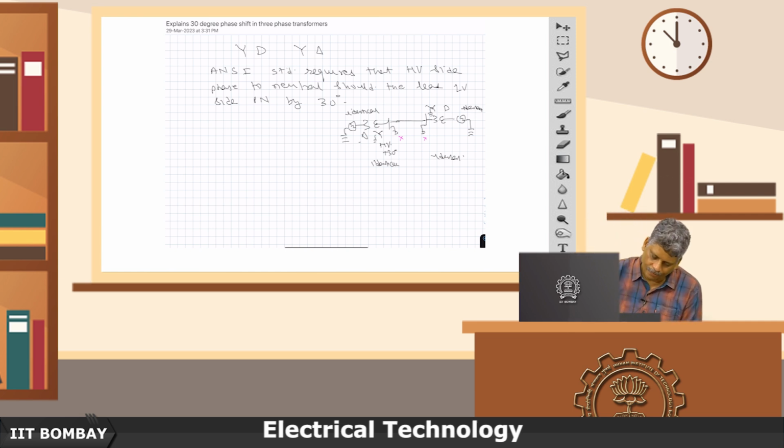Hence this standardization basically takes care of these facts. Take for example the transmission system in India, spread all over the country, we have one AC grid. How will we guarantee that there is no circulating current flowing in the system under no load?